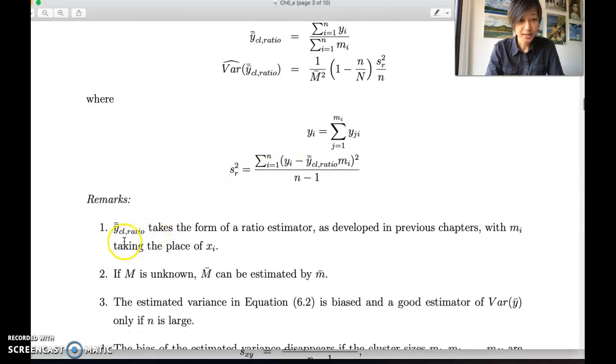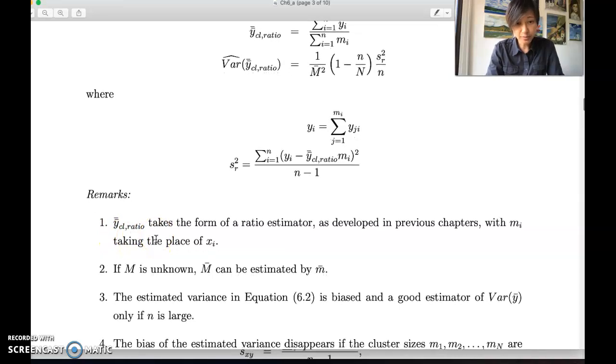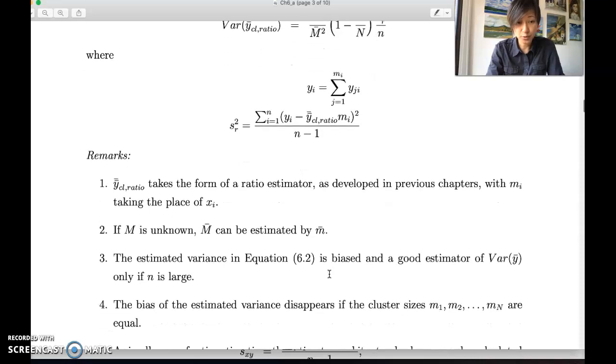First of all, our y bar mean takes the form of the ratio estimator as developed in chapter 3, with mi taking the place of xi. If M bar is unknown, assuming that we don't have the average cluster size in the population, we can estimate it by the average size of the cluster in our sample.